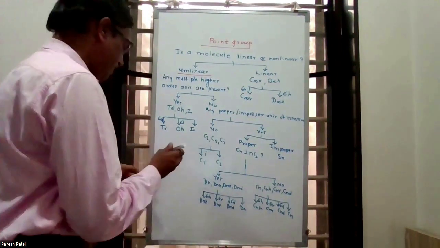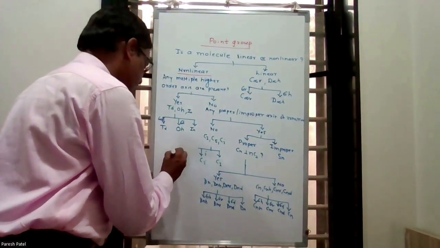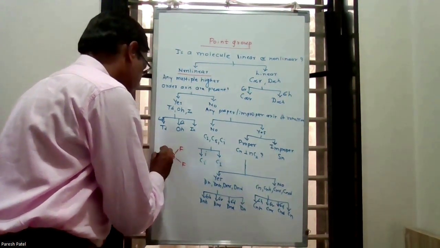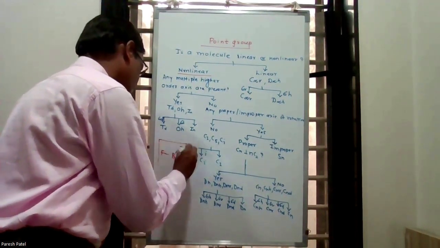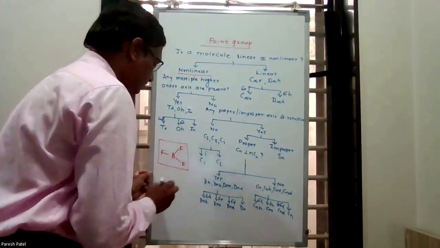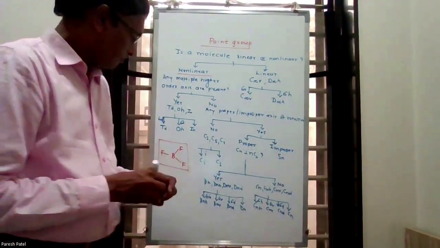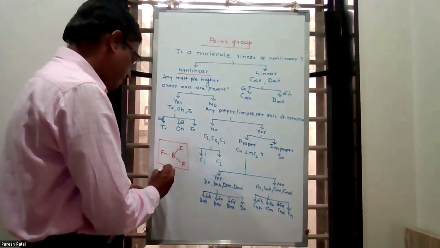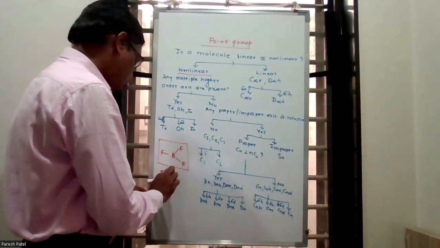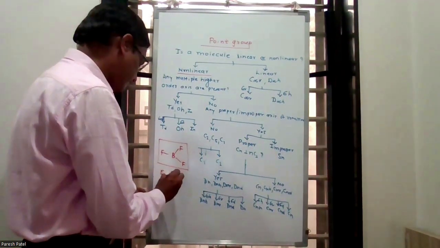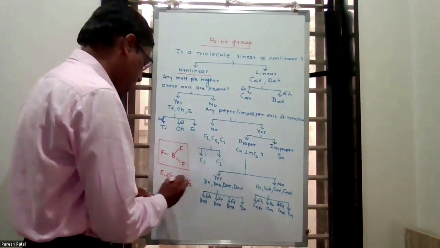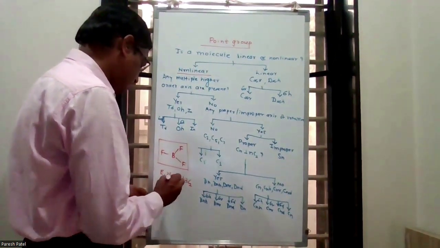Next molecule is the BF3 molecule. This is a planar molecule. The BF3 molecule consists of 2C3, and C3 is perpendicular to 3C2 and sigma h.